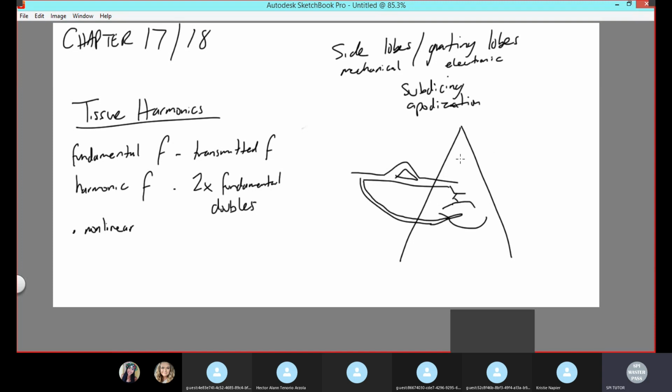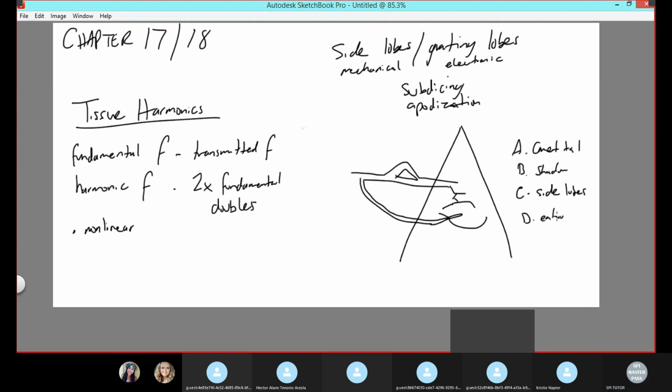If you get a question like this and they're asking about this, oh man, it's going to be tough. For me, it would be more of a process of elimination. Like if they ask me, hey, what artifact is this? And they start listing all these different artifacts, like let's say they write comet tail as one. Let's say they write shadowing as another. Let's say they write side lobes as one. And then my third one, enhancement.